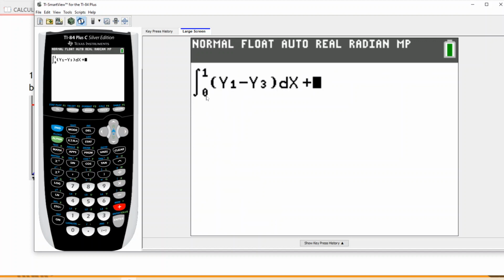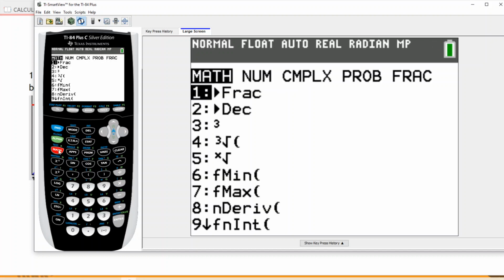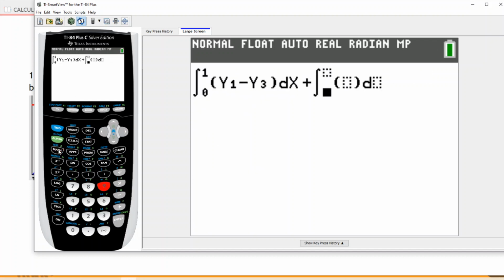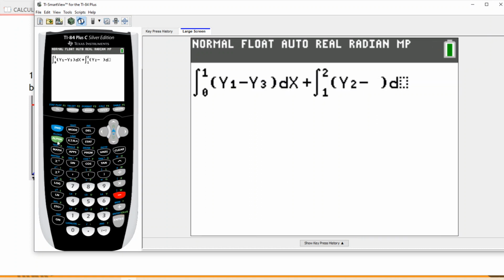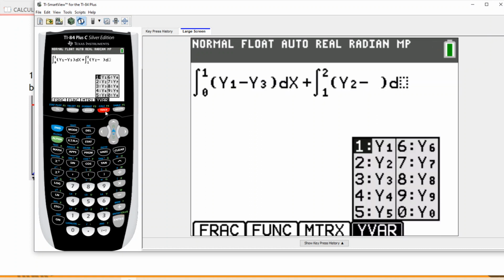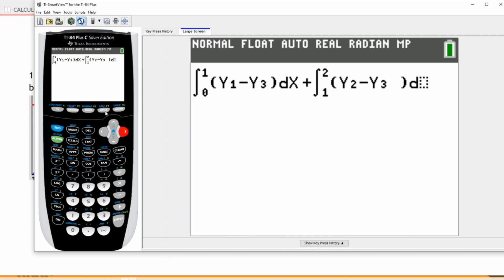So this is the integral from 0 to 1 of y1 minus y3. y1 was y equals x. y3 is y equals 1/4 x to the second power. And we're going to add to that the integral from 1 to 2, and this time it's going to be y2 minus y3 dx.